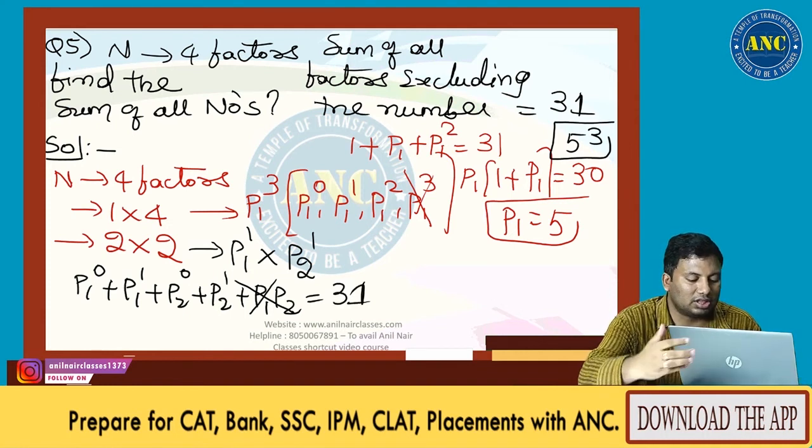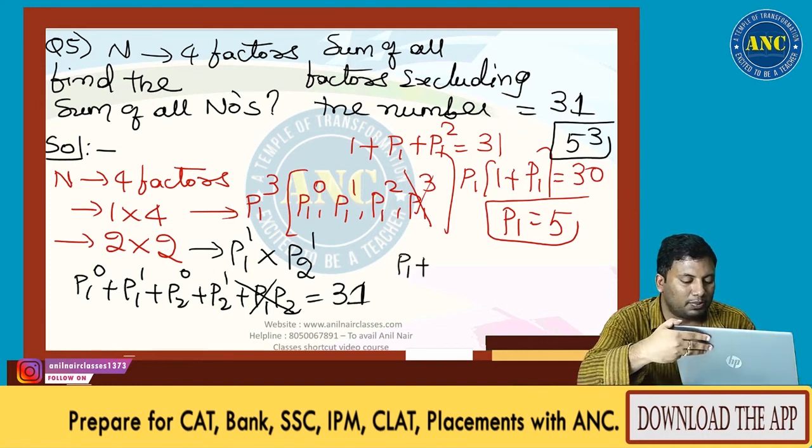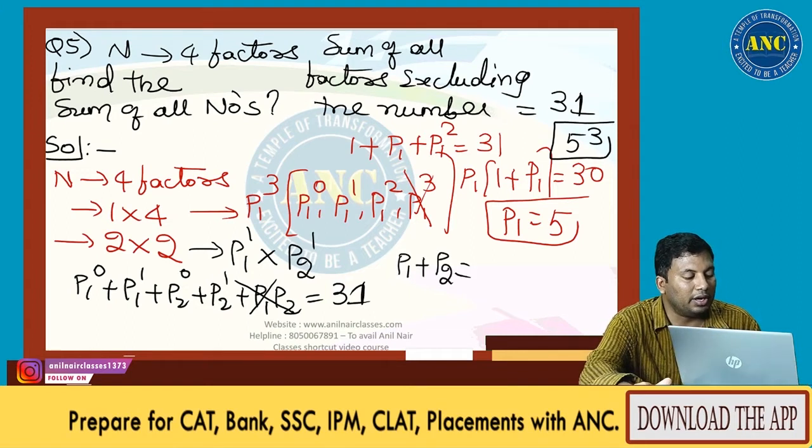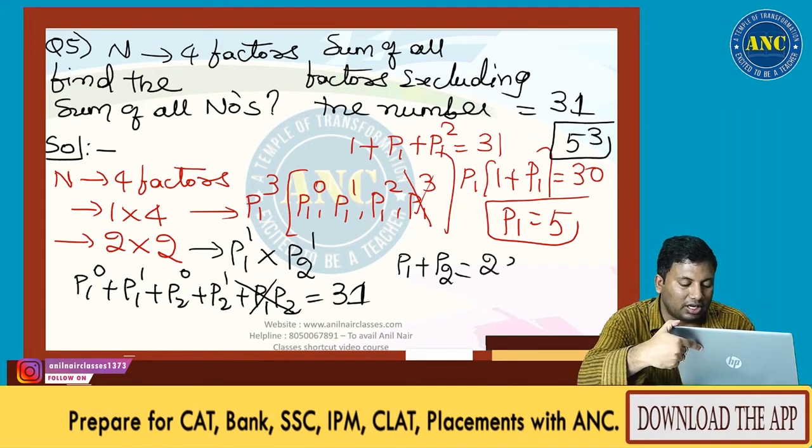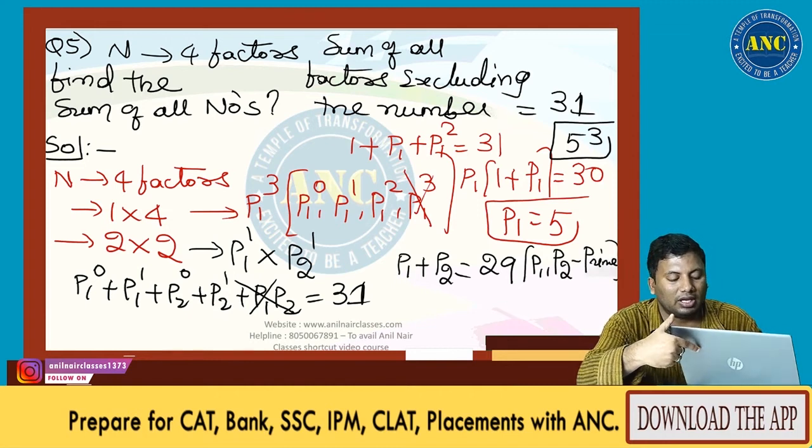So this is nothing but P1 plus P2 plus 1 plus 1, equivalent to 31. P1 power 0 is 1, P2 power 0 is 1. So 1 plus 1, 2. 31 minus 2 is 29. What are P1 and P2? P1 and P2 are nothing but prime numbers.